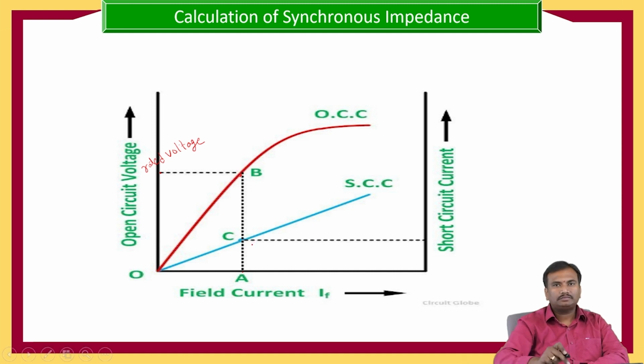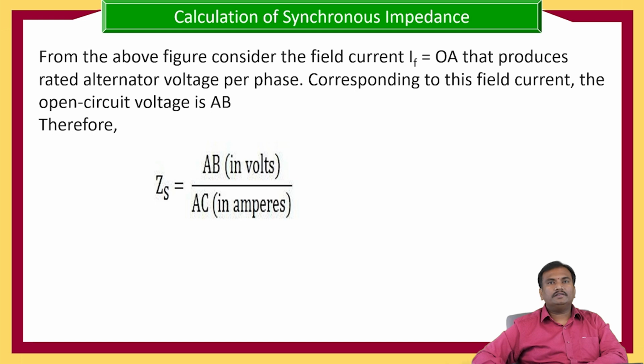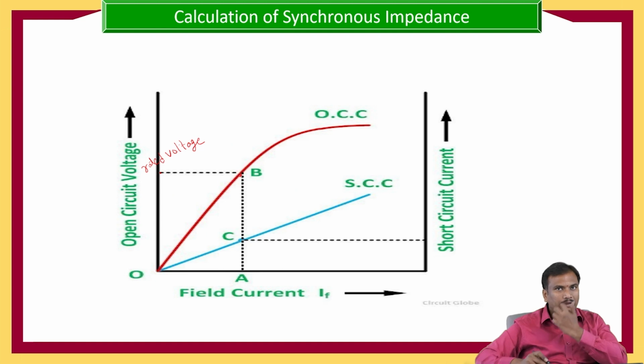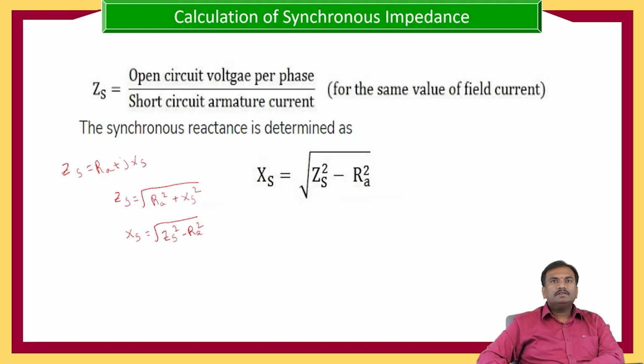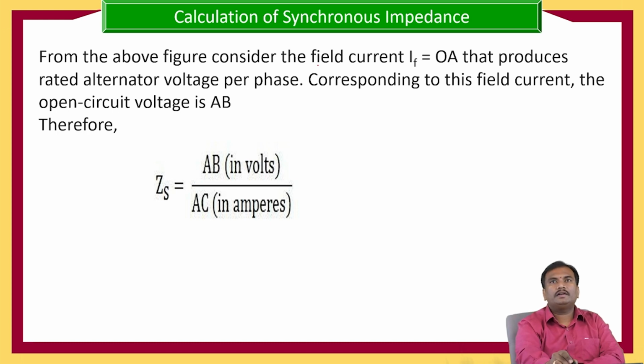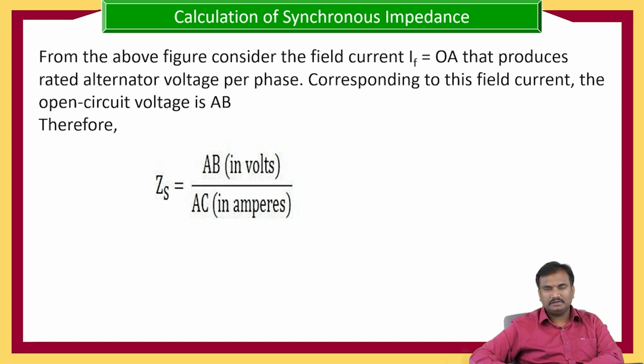So, to get Zs, it is AB by AC, where AB is the voltage divided by AC, the short circuit current. From the above figure, if we consider the field current IF as OA that produces the alternator voltage per phase, the corresponding open circuit voltage is AB. So Zs is equal to AB in volts divided by AC in amperes.